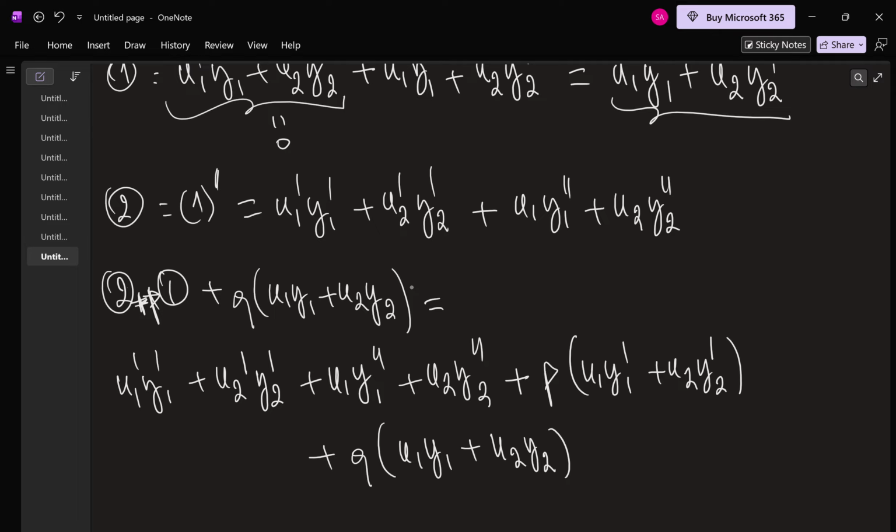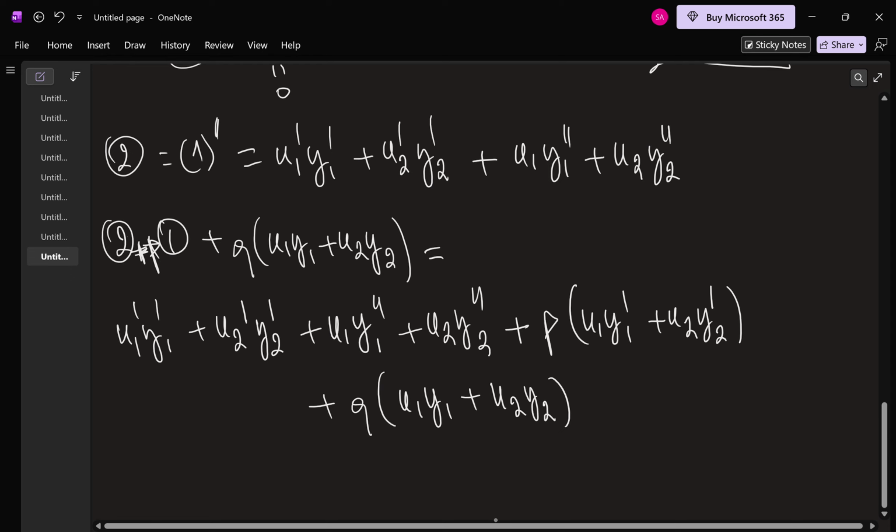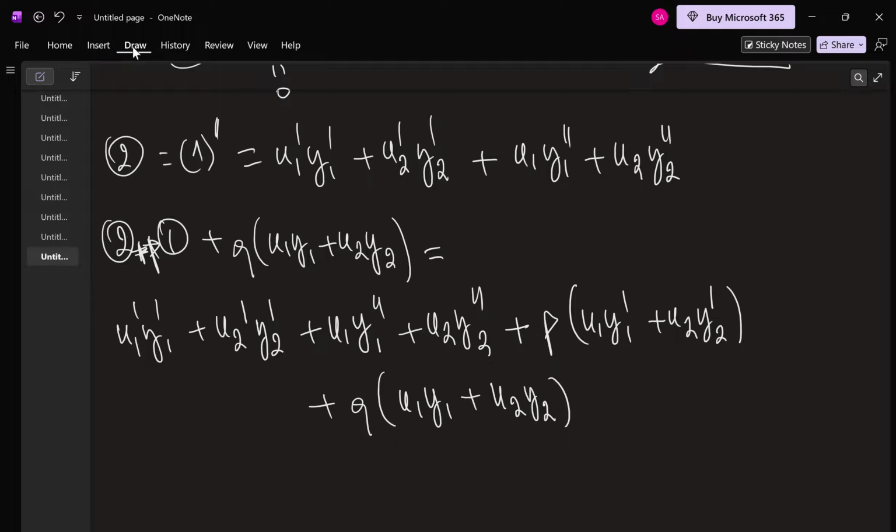So remember, since y1 and y2 are solutions to the equation, remember that. I have to change the color.